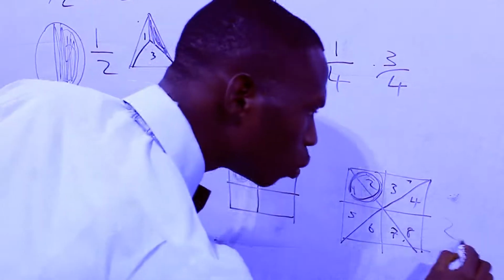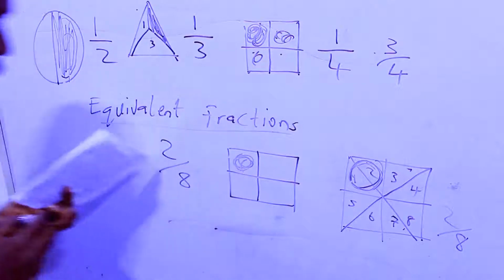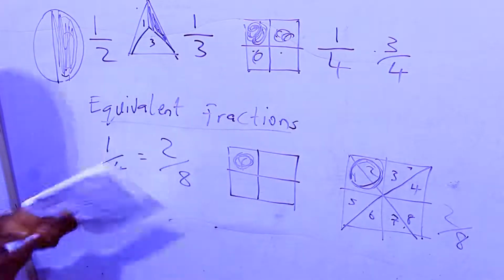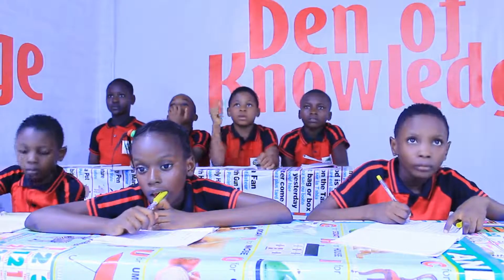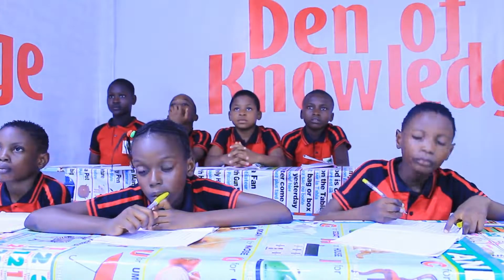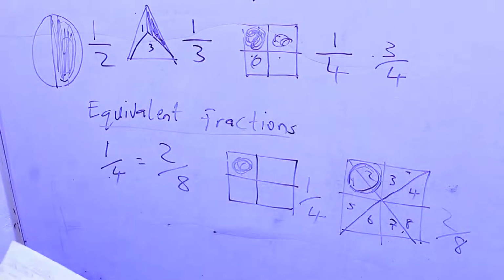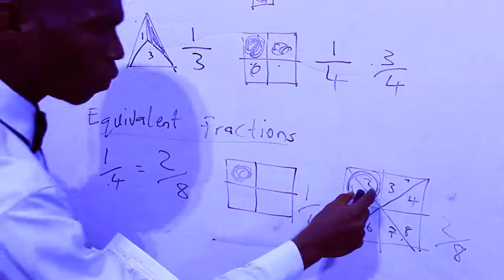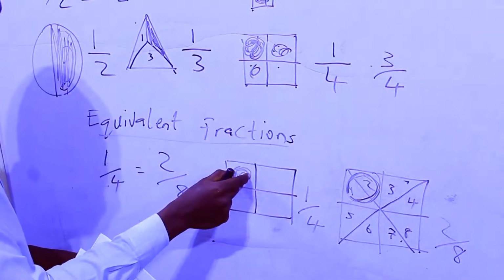I took 2 out of 8 and the other one 1 out of 4. Look at it very well. You will notice that this one and this one, they are the same.